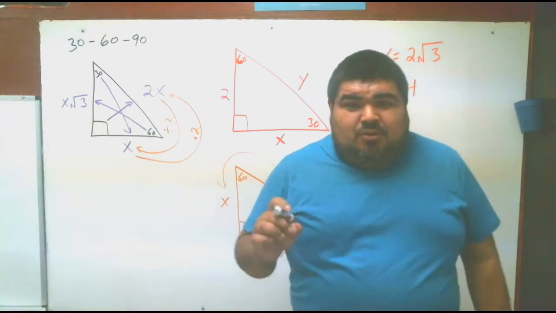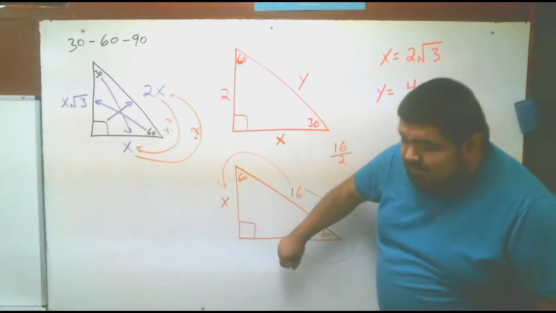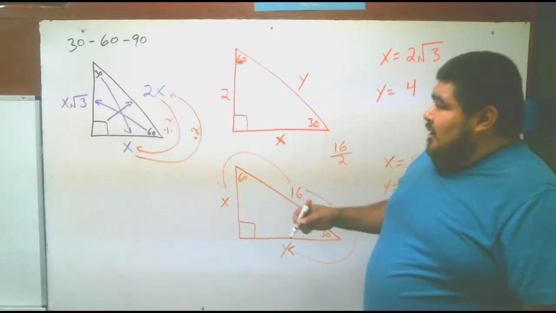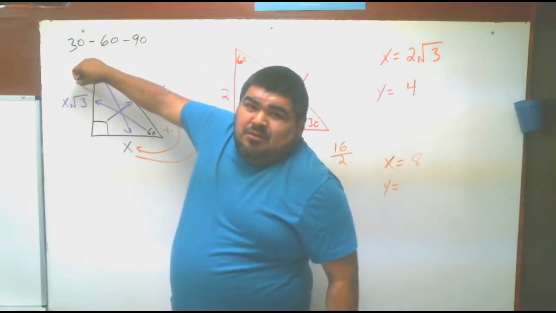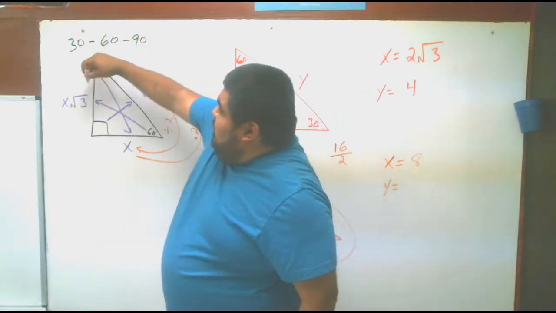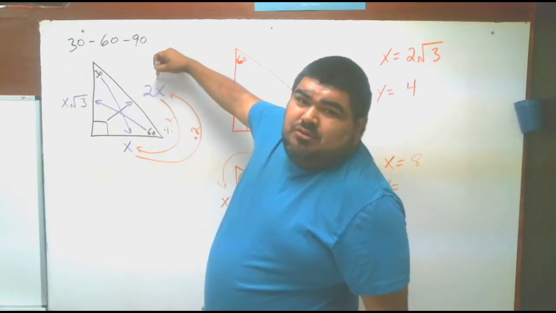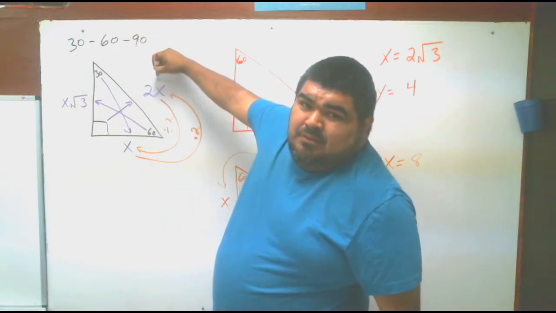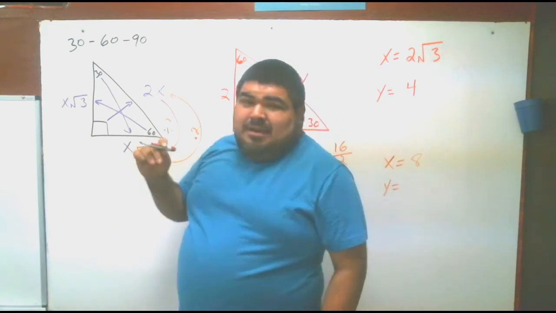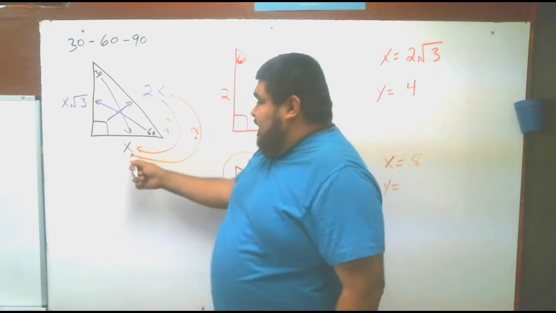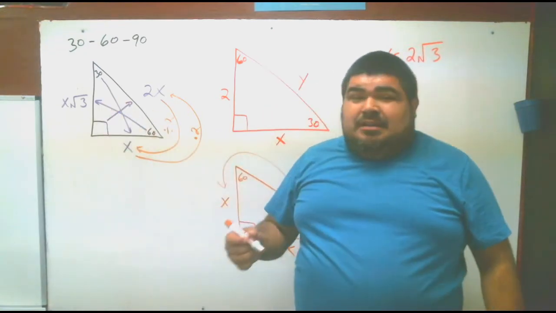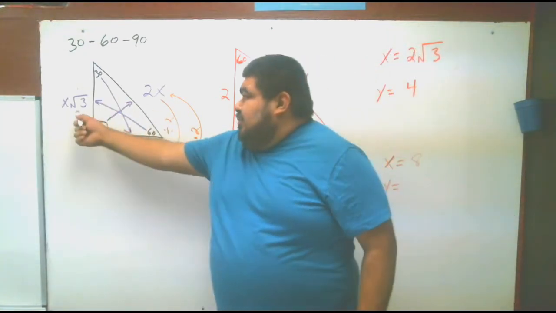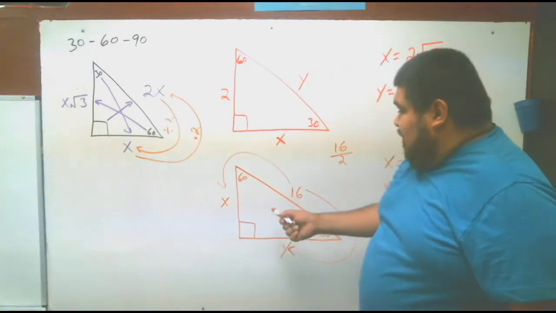You can also go from x to y if you wanted to. My advice to you is always solve for the x itself, the one for 30 degrees, because it makes it a lot easier when multiplying by radical of 3, since you have a full number to deal with.